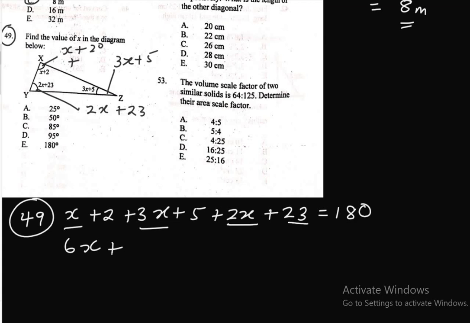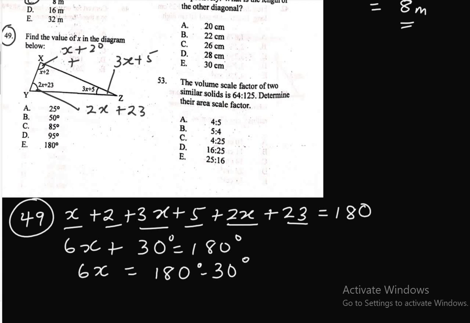Plus 23 plus 5 is 28, plus 2 is 30, equal to 180 degrees. Collect like terms, move 30 to the other side. 6x will be equal to 180 degrees minus 30 degrees. So 6x is equal to 150 degrees. To get the value of x, divide both sides by 6. 6 cancels 6.